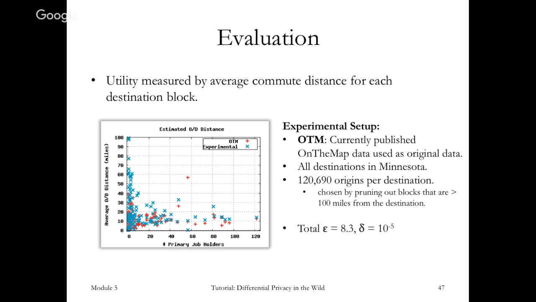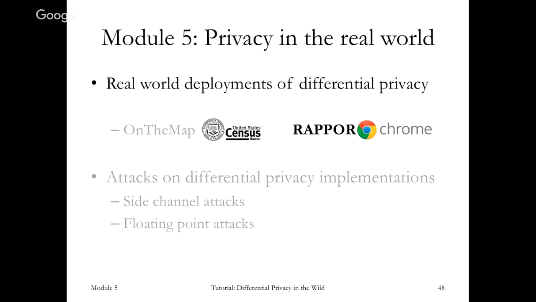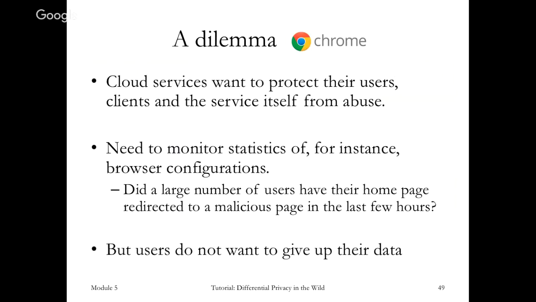Okay? All right. The second deployment of differential privacy is in the Chrome browser, by Google. So Chrome has this dilemma. Cloud services in general want to protect their users, want to ensure the security of their users. And they want to secure the service itself from abuse.